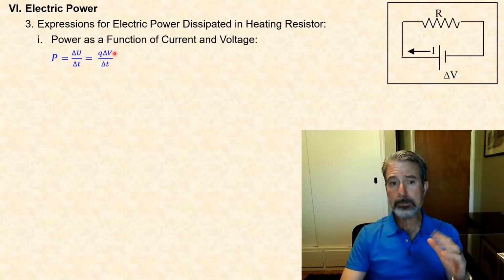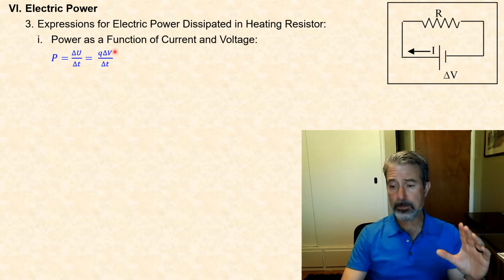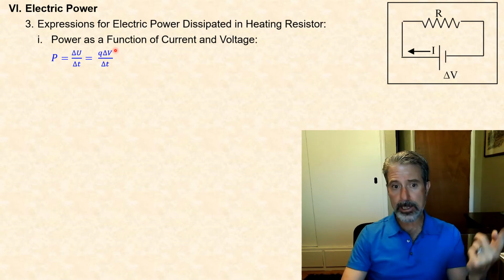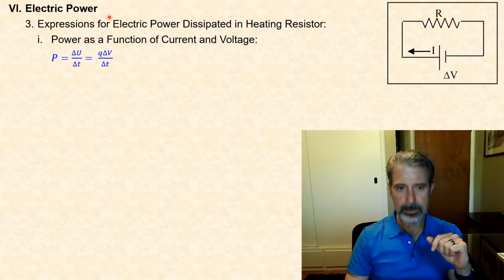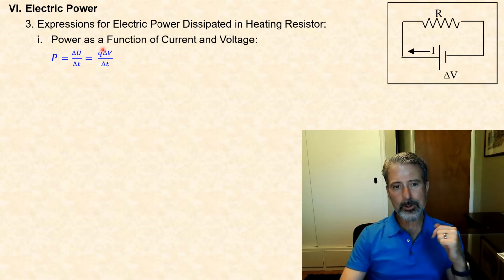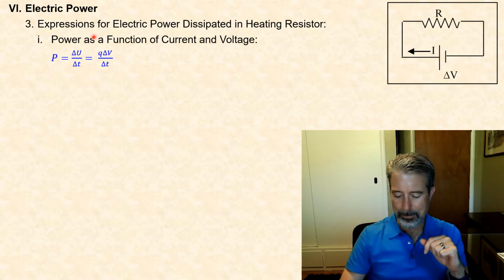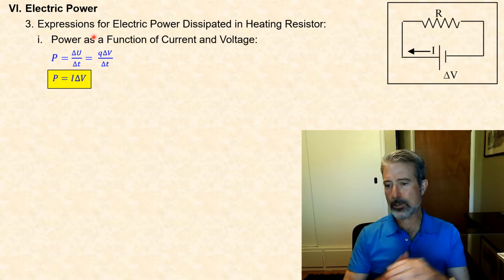Q delta V represents a loss of potential energy for that amount of charge as it makes its way from one terminal of the battery to the other, divided by time. And when you look at this, you say, oh, charge divided by time. Well, that's just a measure of electric current.